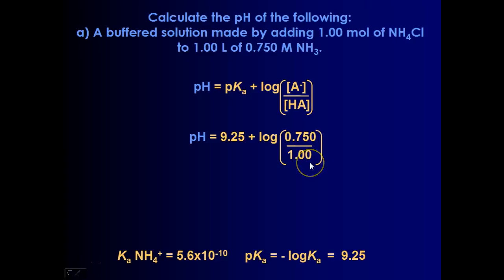Now what's really nice about Henderson-Hasselbalch is because these are a ratio together in the same mixture, you can use moles for the concentration of A- and HA as long as moles are used for both, or you can use molarity, but it doesn't make a difference which way you go.